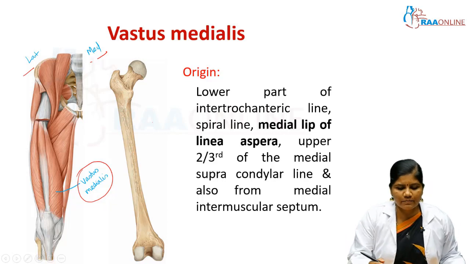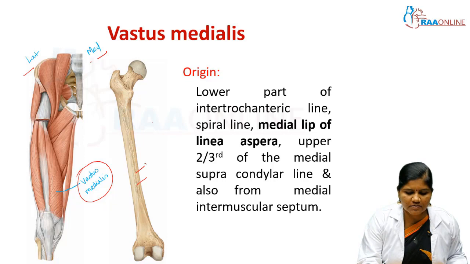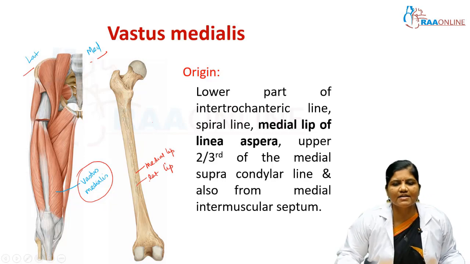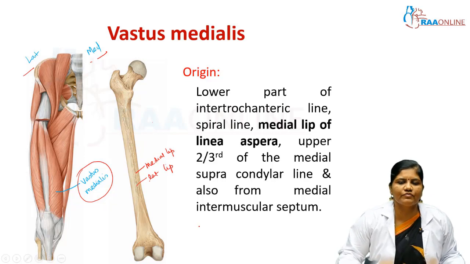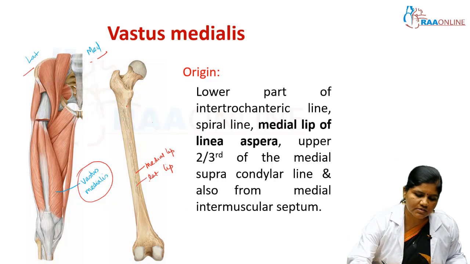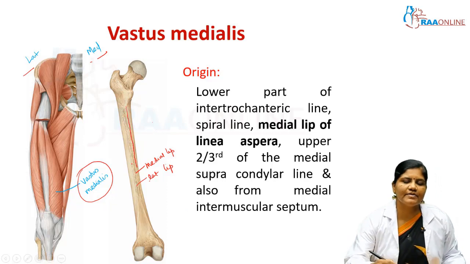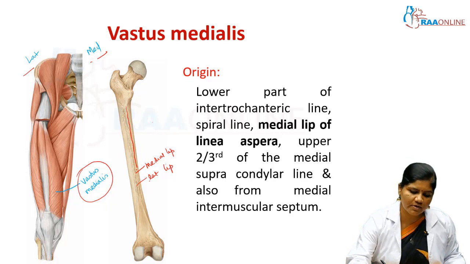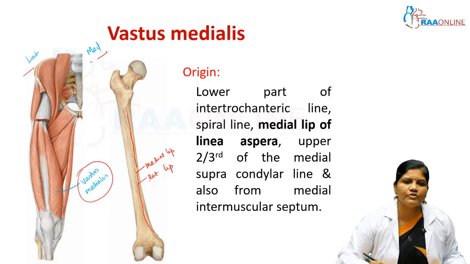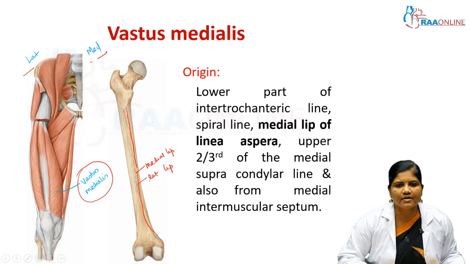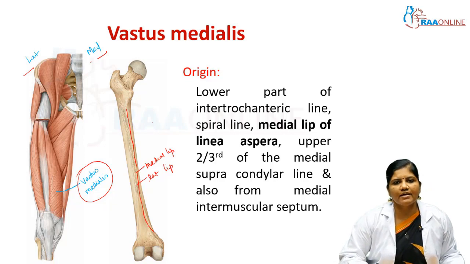It has a medial lip and a lateral lip. The vastus medialis arises from the medial lip of the linea aspera, as well as the upper two-third of the medial supracondylar line and the adjoining medial intermuscular septum.